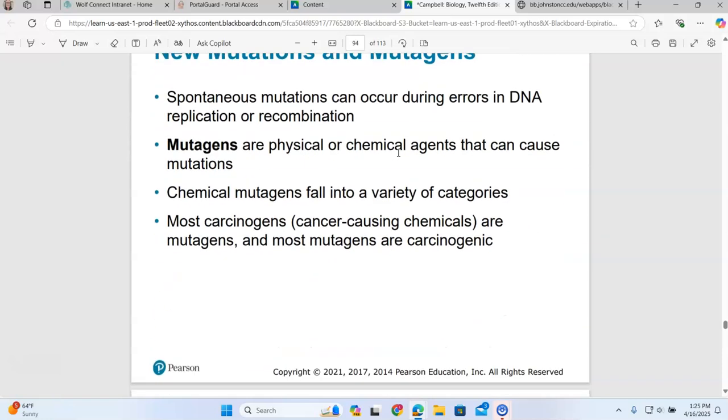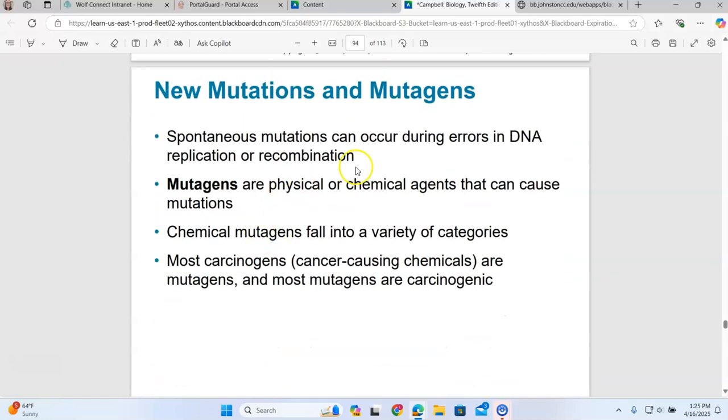All right, there are some physical or chemical agents that can cause mutations, and they're called mutagens. Like ultraviolet light is a mutagen that can cause mutations in the DNA in some of our skin cells and lead to cancer. So if it's a mutagen that is also a carcinogen, most carcinogens are mutagens, and most mutagens are carcinogenic.